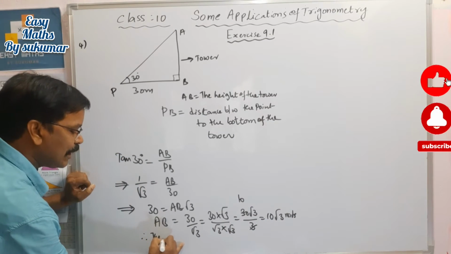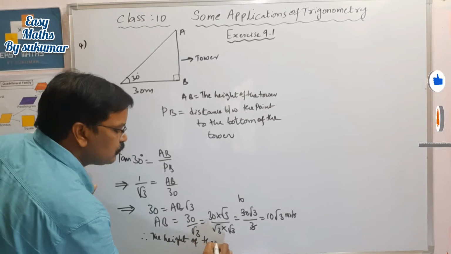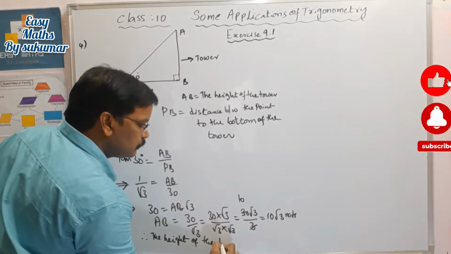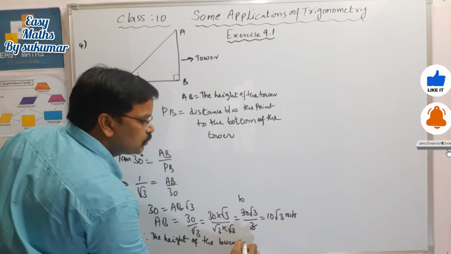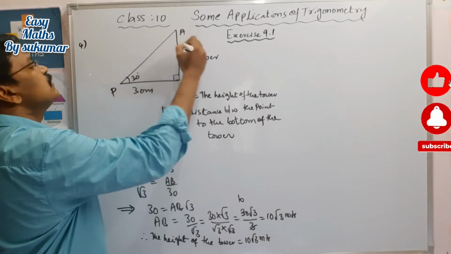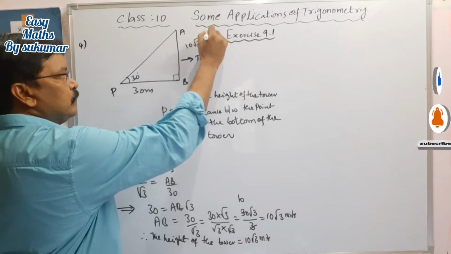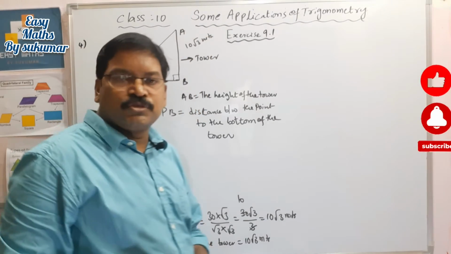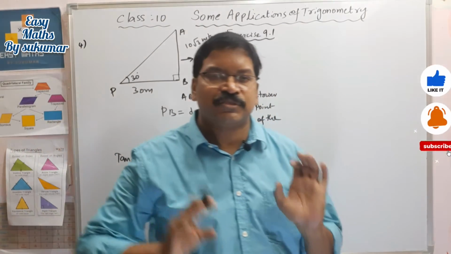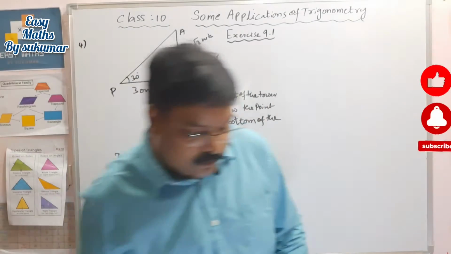Therefore, the height of this tower is equal to 10 into root 3 meters. So far we have solved the same kind of sums. Please write down, my dear students.